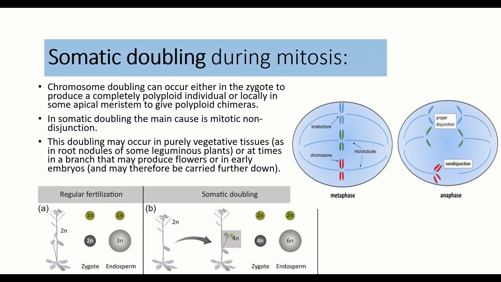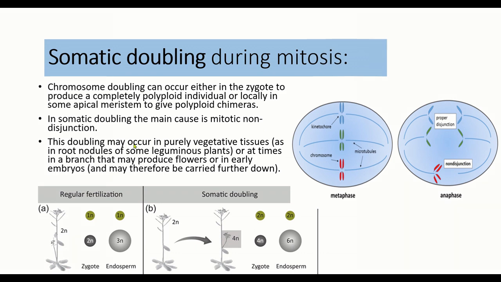The pollen produced from this tetraploid branch will be diploid, both male gametes having diploid sets. When fused with a tetraploid branch's egg, it will again form 4n, and the endosperm will be 6n. So these are the main changes of somatic doubling, and the main cause is mitotic non-disjunction.